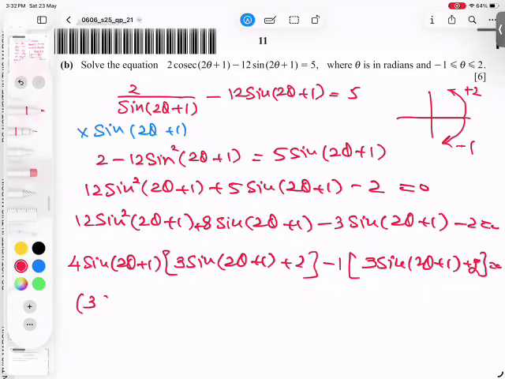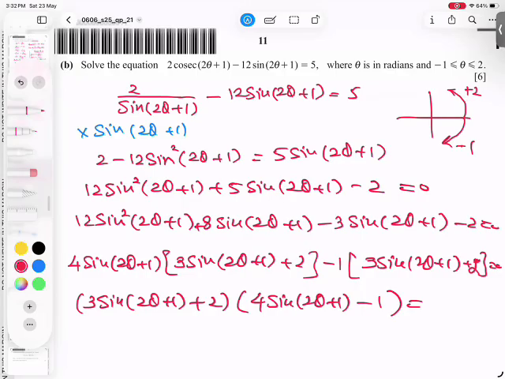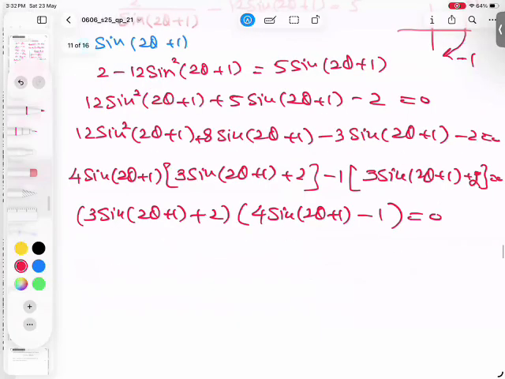So 3 sine double theta plus 1 plus 2, and 4 sine double theta plus 1 minus 1 is equal to 0. So we can say either this is 0 or this is 0, one by one.